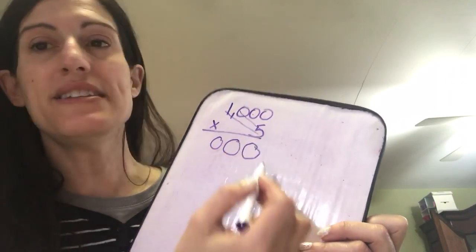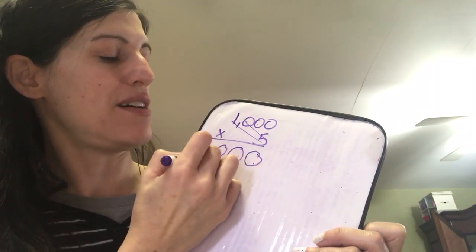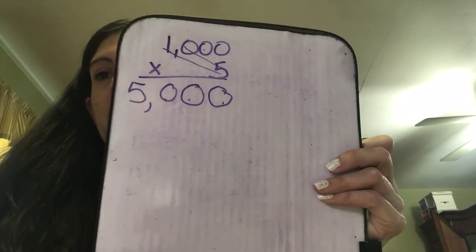And then 1 times 5 is 5. 1, 2, 3, comma, 5,000. So our answer in our chart would be 5,000.